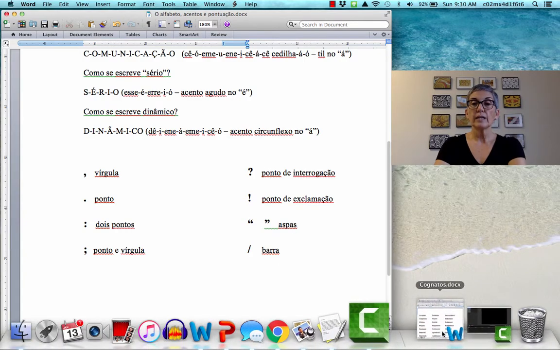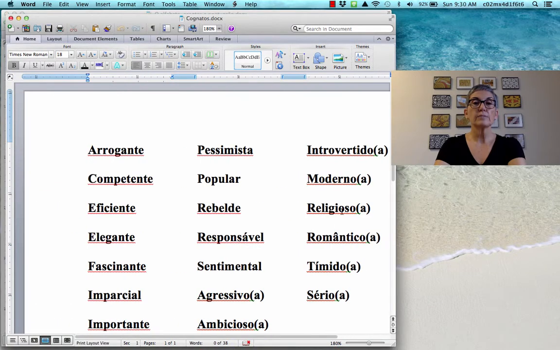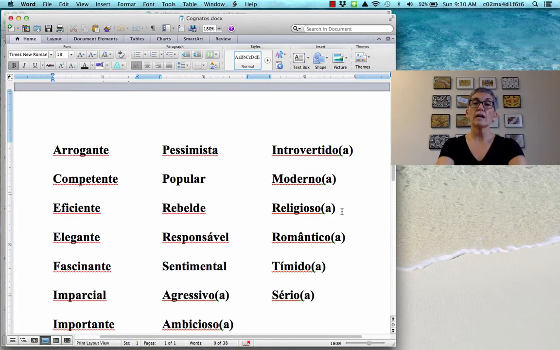Okay, and since we're here, let's take a look also at the pronunciation of some of these cognate words, okay? So these are words that look the same in English because they have the same root, okay? So, but the pronunciation is very different, okay? In the spelling and some of them also. So remember that when you have two R's in the middle of a word, the pronunciation of the R is going to be a H, okay?